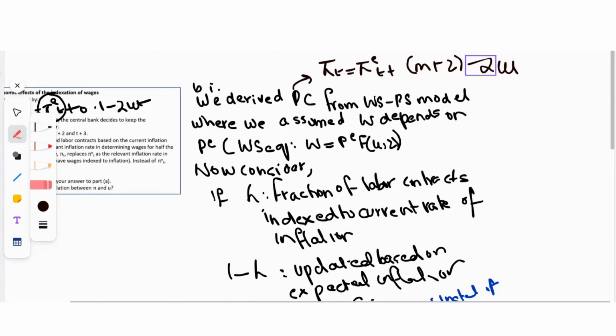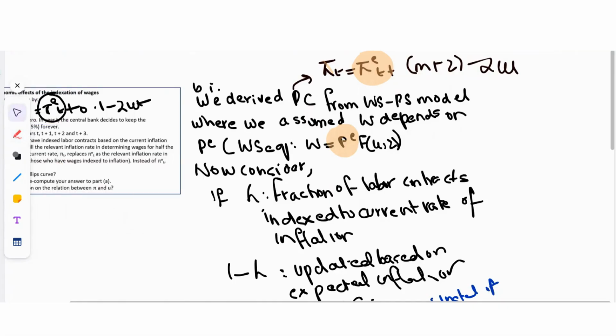This is the general equation of our PC that we derive, where we have pi et. This is because we derived it from the WSPS model, where W depends upon PE, and hence what's relevant for wages is expected inflation.